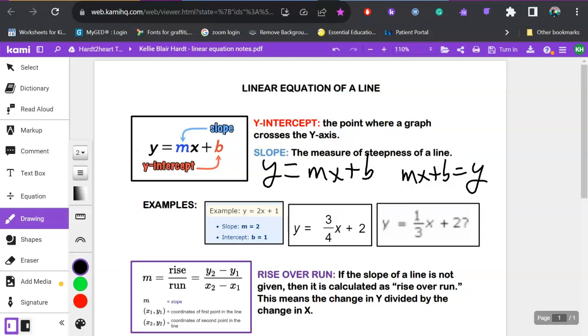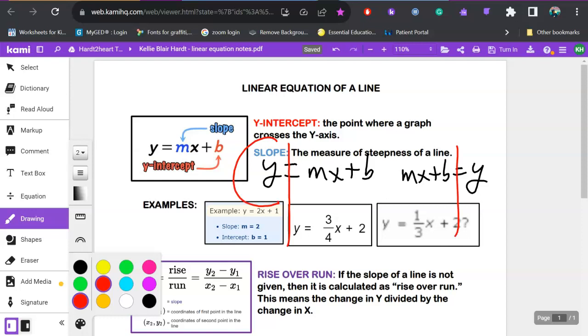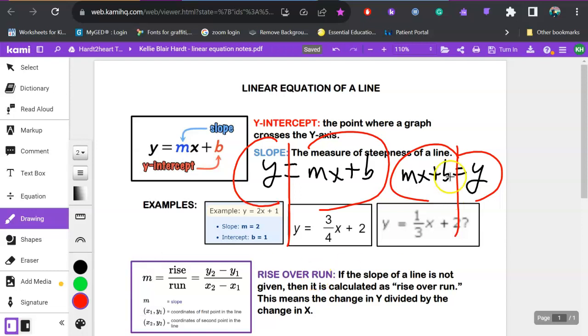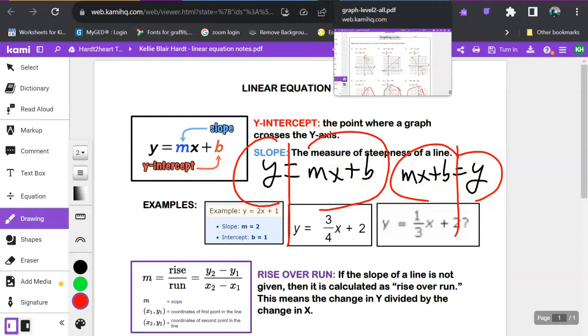The whole point is to have, I'm going to draw my street, the y number on one side of the street and the mx plus b on the other. Why is this important? Because it's easier to graph that way, whether it's this way or this way. It makes it easier when we have to do graphing.